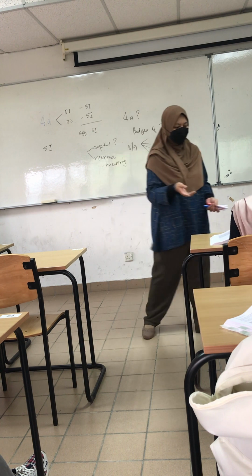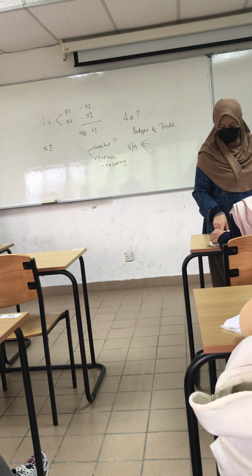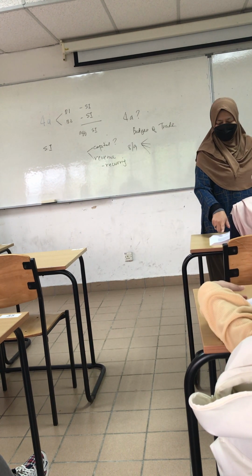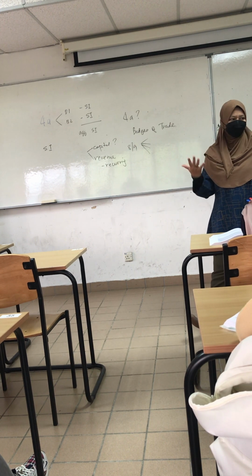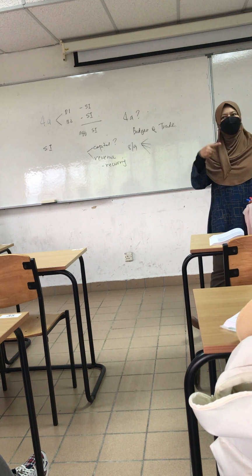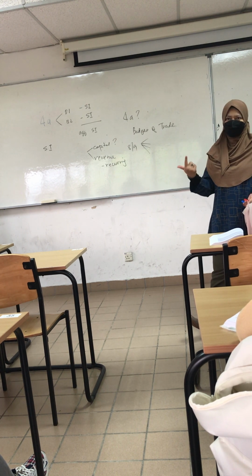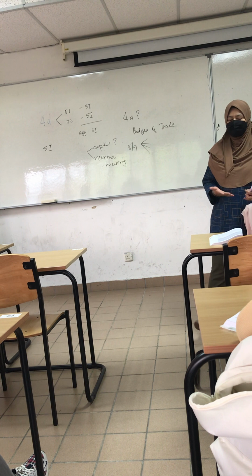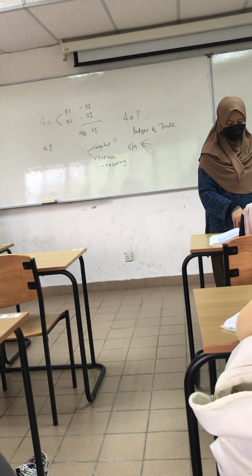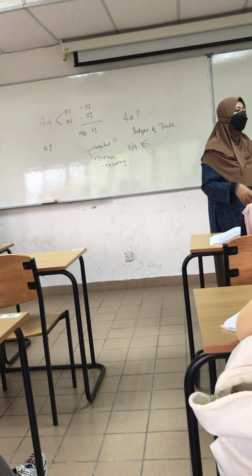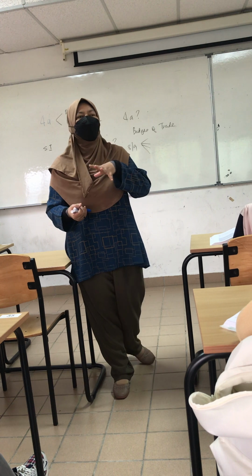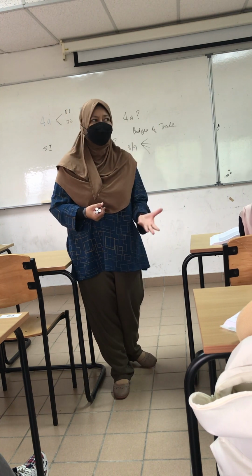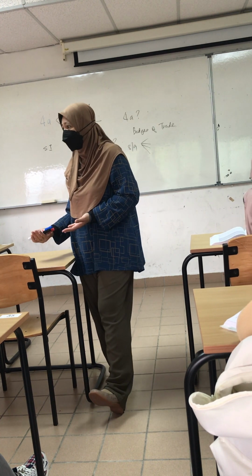Yeah? Number 4 is frequency of transaction. Alright, so if it's quite regular, most likely it's business. But it doesn't mean that one time is not a business income. So you have to look at the scenario, how you want to justify. Number 5, alteration to property. So normally for a business income, you buy something and then you do some renovation so that you can sell at a better price and gain a lot more.